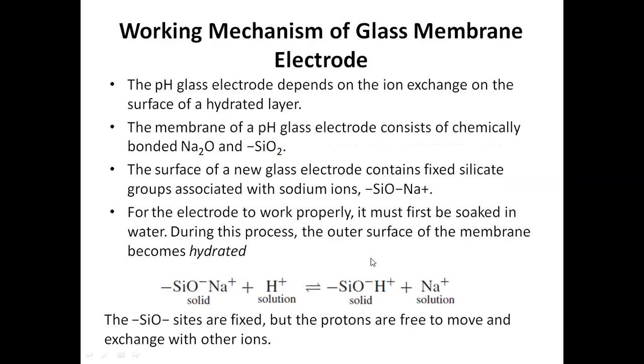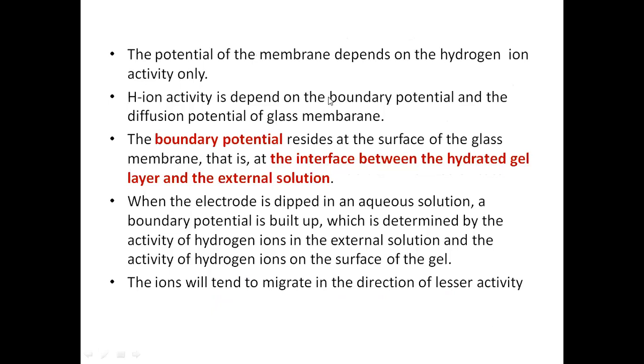So it forms something like silicic acid. In this case, SiO is a fixed site, but the H plus ion is movable. It can migrate or be exchanged with other ions. That's why the potential of this membrane depends on the hydrogen ion activity only.